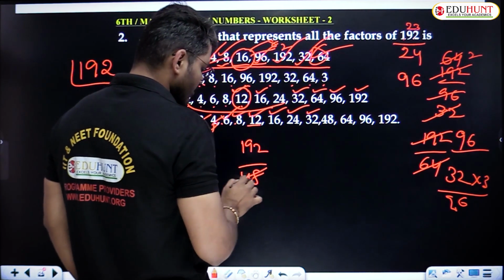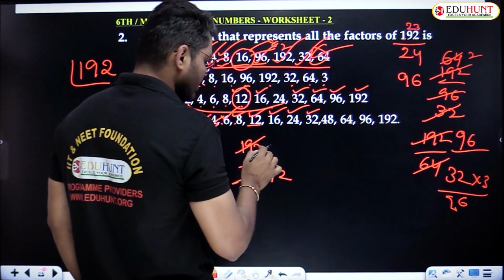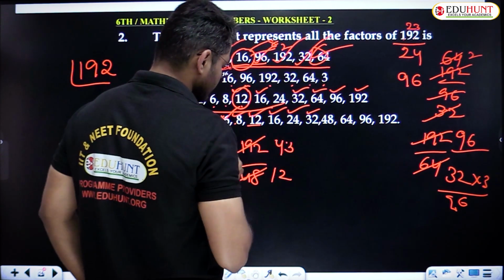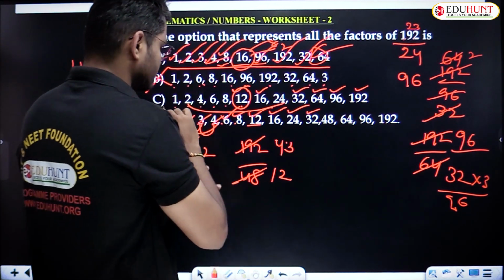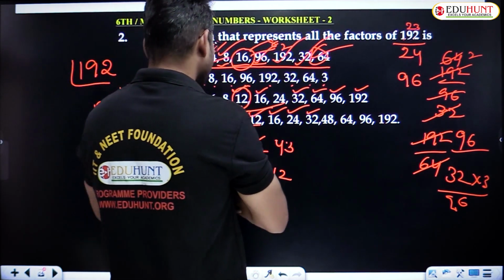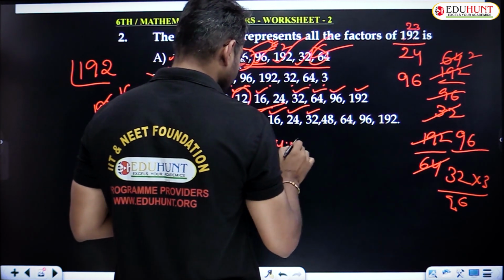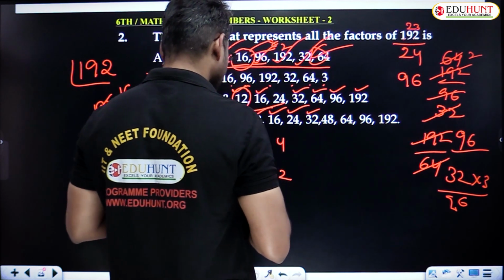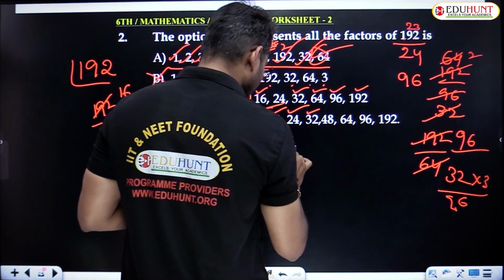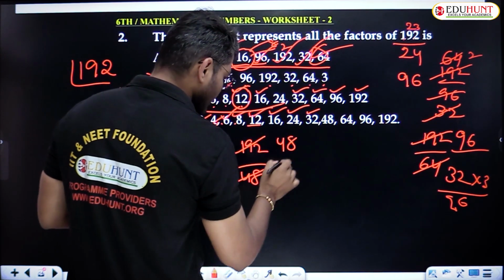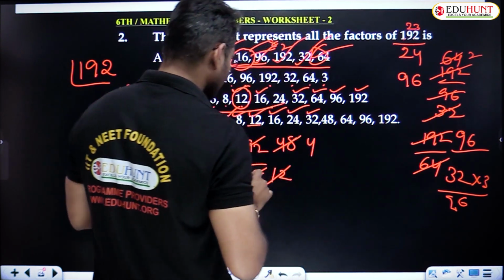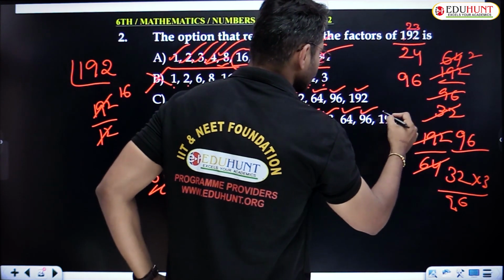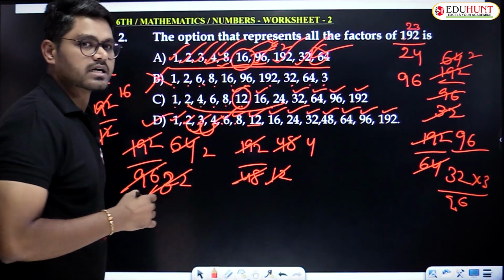Here 4 table, 4 ones, 4 twos, 4 4s 16, 4 8s 32. So therefore 12 ones 4s. So therefore in 48 table also it is divisible, and 64 divisible, 96, 192. Therefore option D is the correct answer for this question.